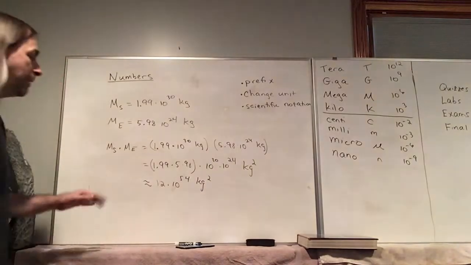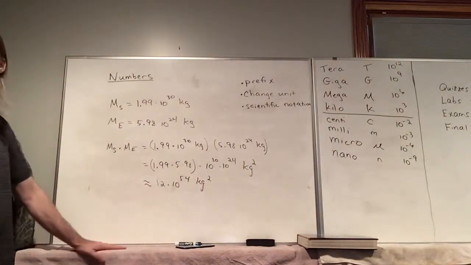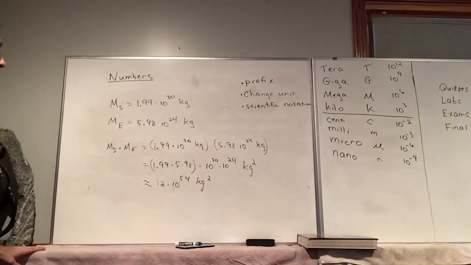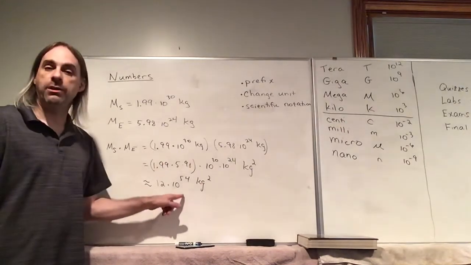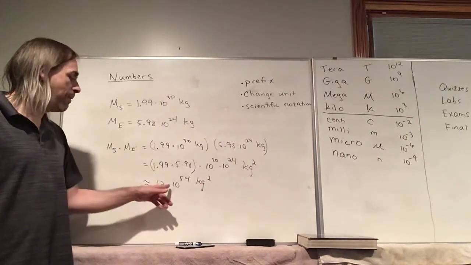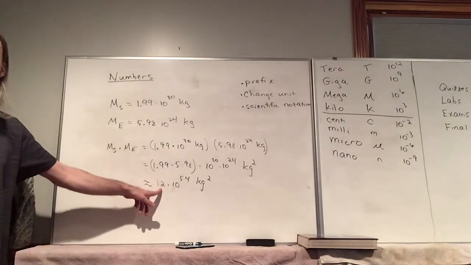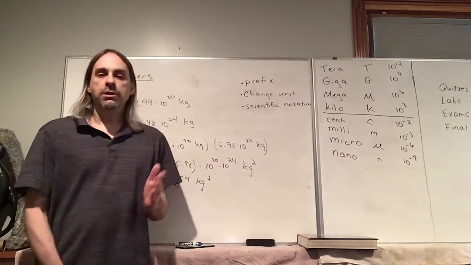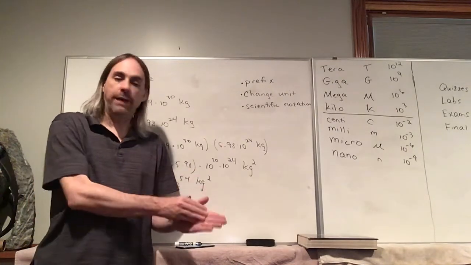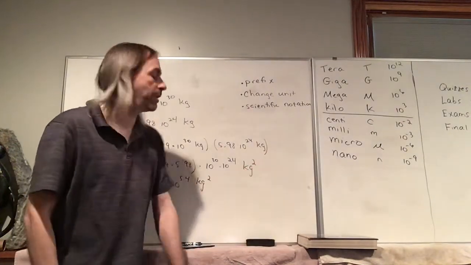Now the result is not in scientific notation. So how do we convert this to scientific notation? We have to move this decimal point over to the left by one. In scientific notation, you always have one digit, then a decimal point, and then the rest of it.